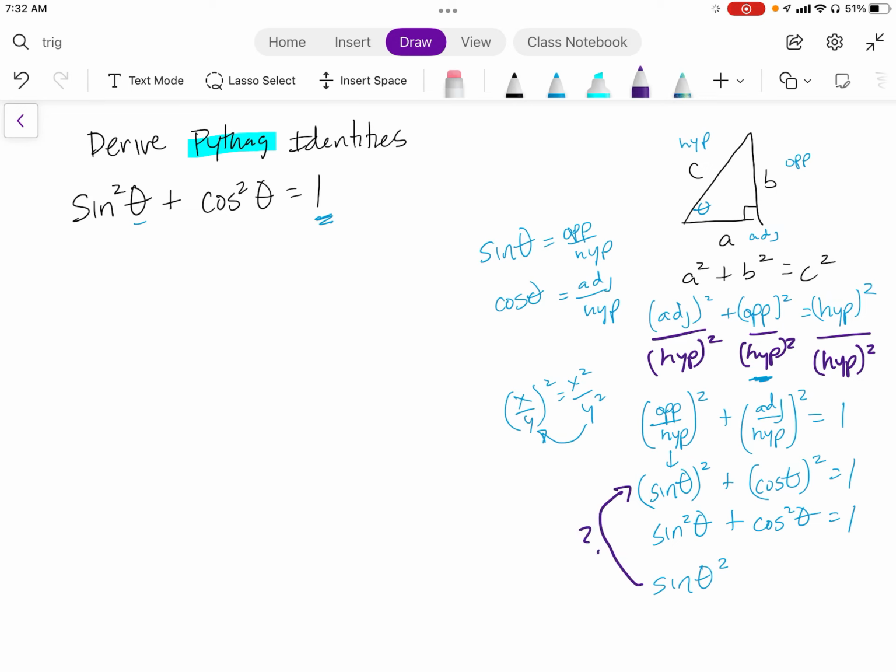Or do I literally mean take the sine of some angle squared? It's not clear. It's doubtful you mean this bottom way. We usually don't really have much use for squaring an angle and then applying a trig function, but you never know.